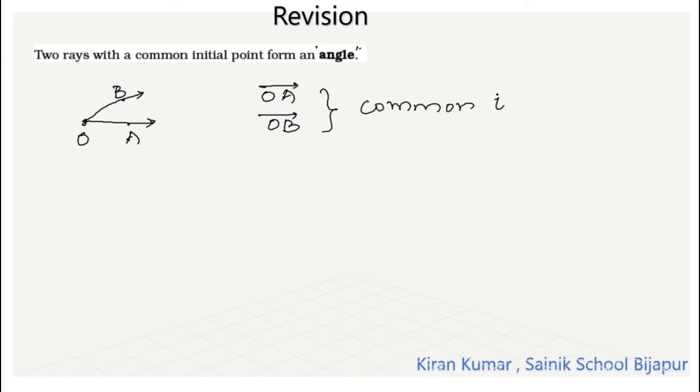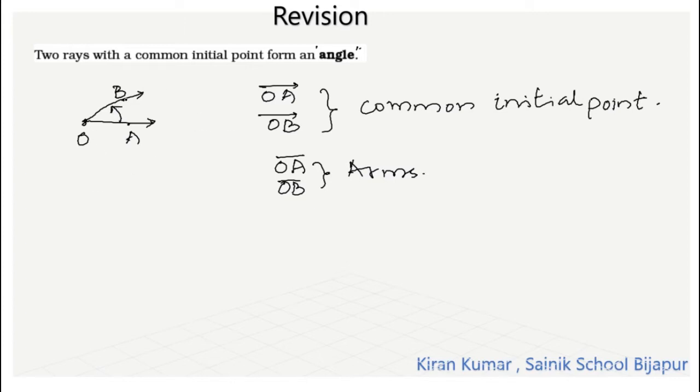It's called as a common initial point. Whenever there is a common initial point, an angle is formed, and this line segment OA and the line segment OB, they are called as arms. So between them, angle is formed.